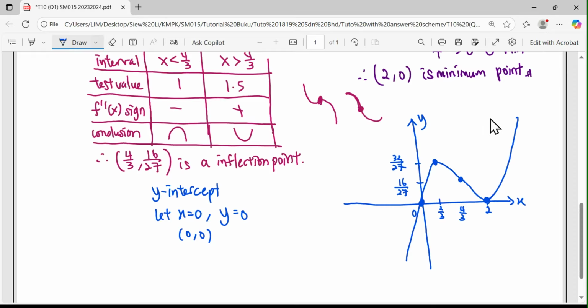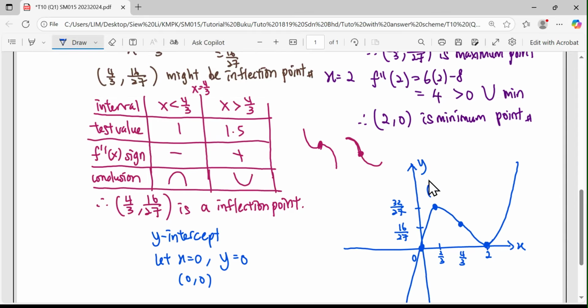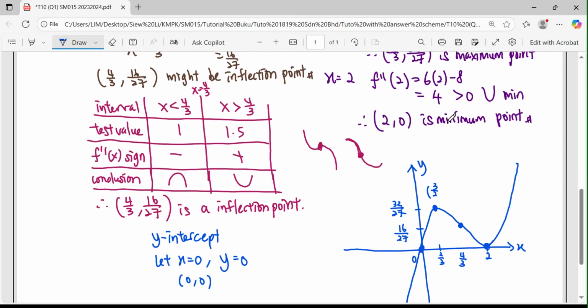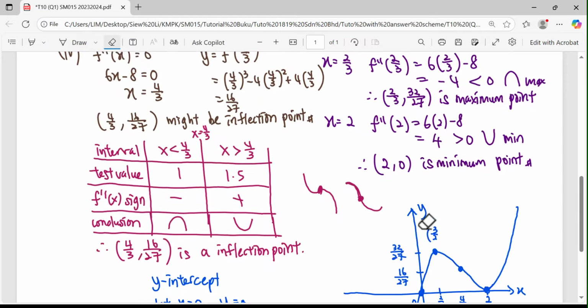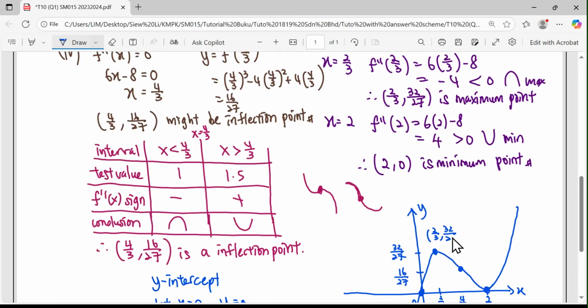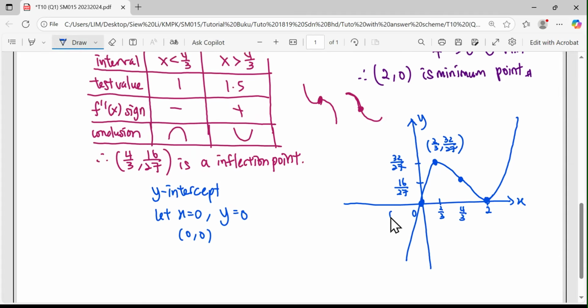After plotting all these points, label your points. This is the maximum point that I calculated just now, 2 over 3, 32 over 27. So plot it, label it. This is 0, 0, the intersection.